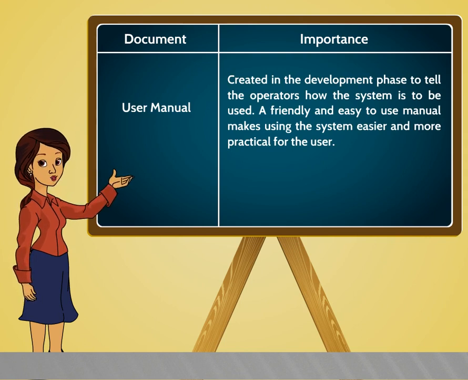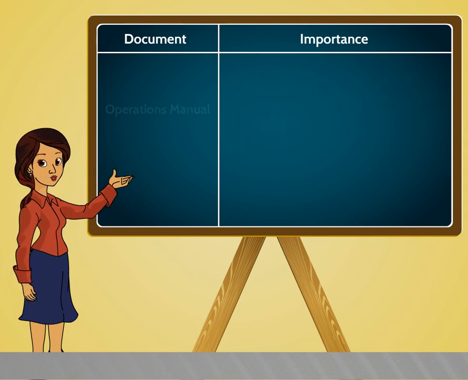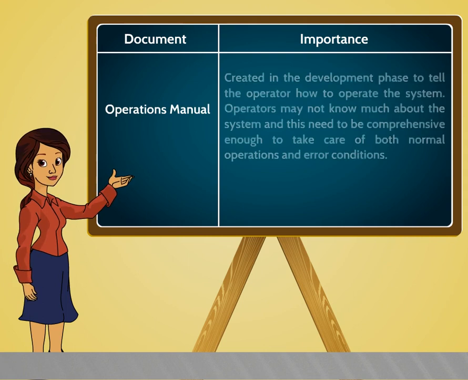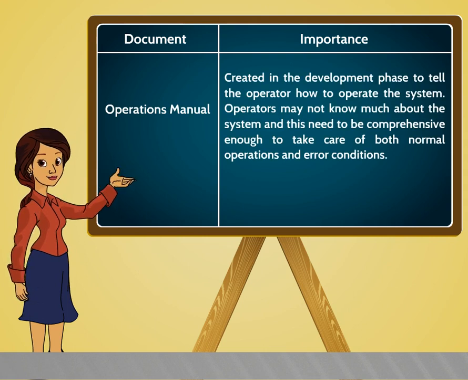A friendly and easy to use manual makes using the system easier and more practical for the user. Operations manual. Created in the development phase to tell the operator how to operate the system. Operators may not know much about the system, and this needs to be comprehensive enough to take care of both normal operations and error conditions.